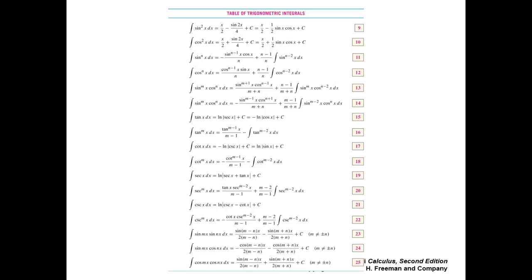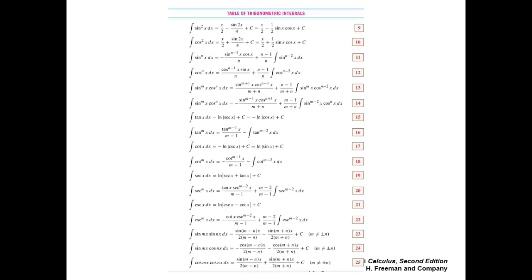Cosine, now cosecant x, very similar to secant, only with your cofunctions and the sign change. So there are some differences there.